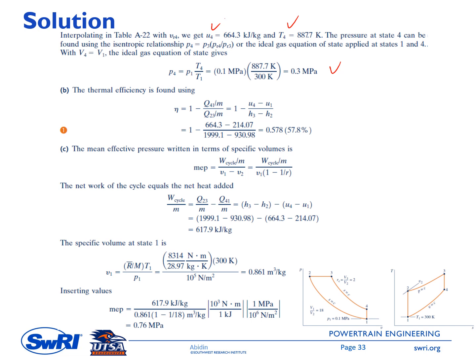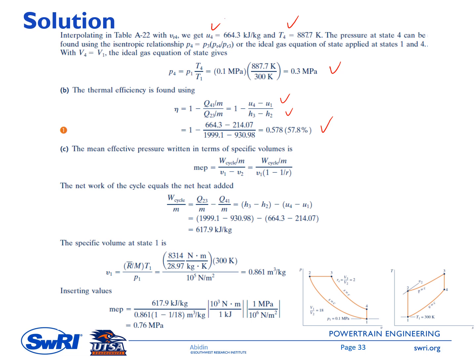So I believe it should be easy because you have all parameters here. So efficiency is 1 minus, so U4 minus U1 over H3 minus H2. 57.8%. Okay, so it's higher than the one from the first example.